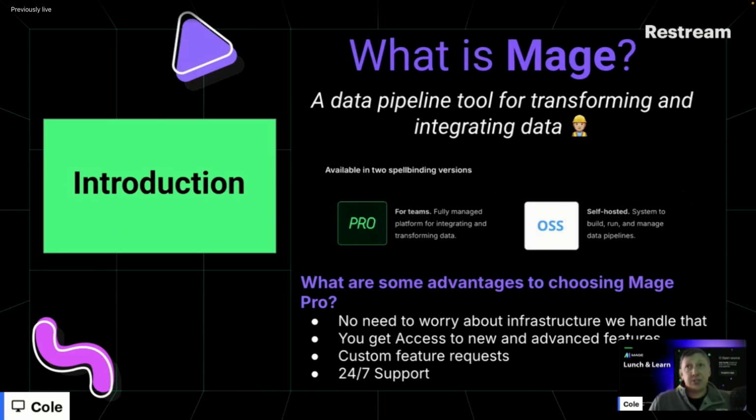Some of the advantages to choosing Mage Pro is there's no need to worry about infrastructure. We'll handle that for you. You get access to new and advanced features, custom feature requests, and 24/7 support.